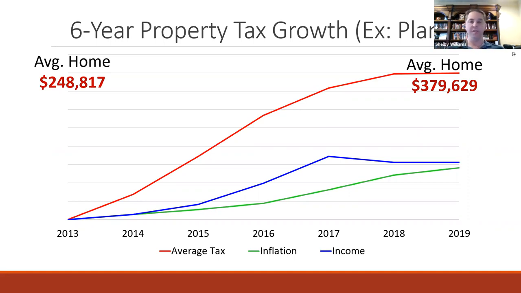Now, the lines represent how much the red, average property tax, green, inflation, and blue, income have gone up over that same period. These are all starting from the same basis. The average property tax bill has more than doubled the increase in average income in the area and the rate of inflation.